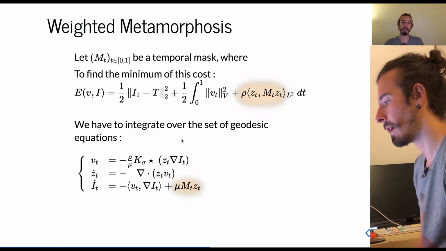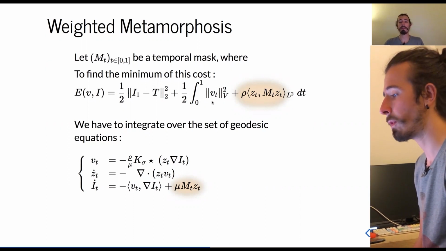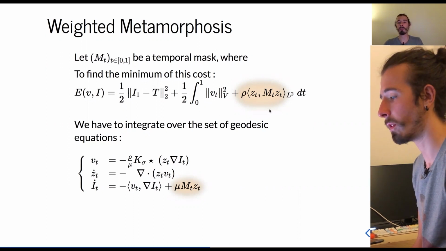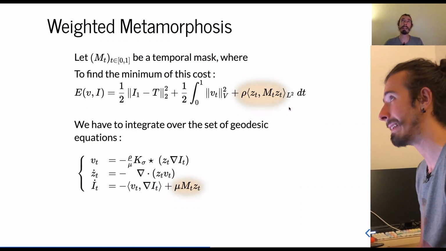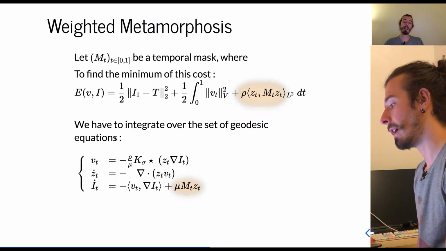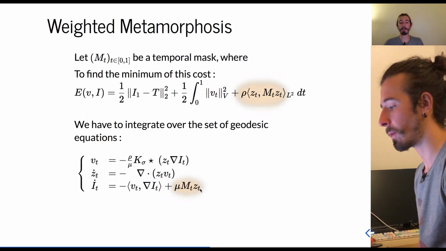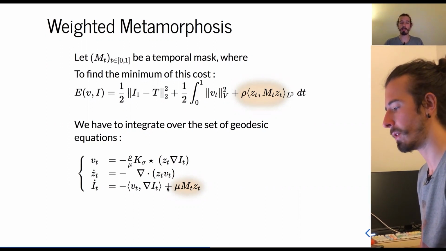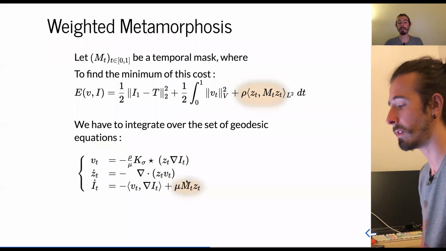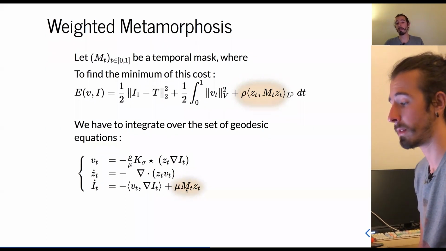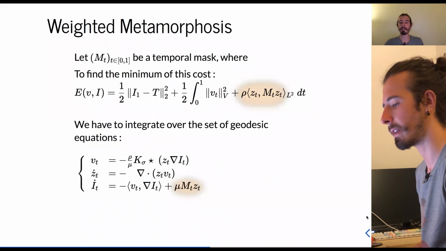What is very nice is that if we compute the Euler-Lagrange equation of the regularization term, we have this set of geodesic equations, and what is important is that we add intensity changes only where M is non-zero, and this is exactly what we wanted.